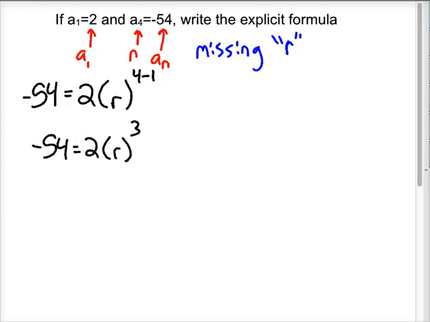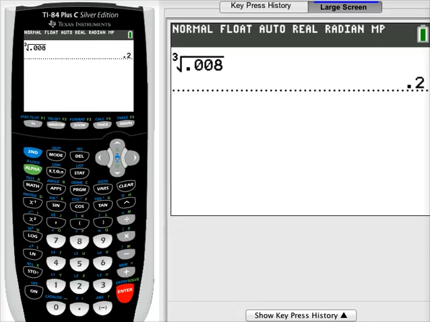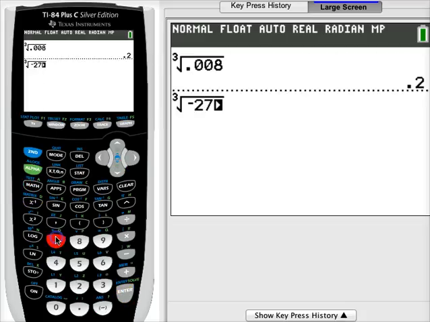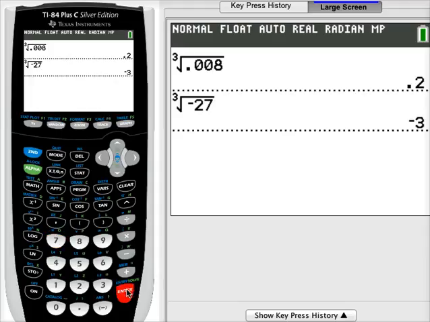So negative 54 divided by 2 is negative 27. And now to undo a cube, I need to cube root. So I need to cube root that 27. So I'm going to go back into math. Cube root negative 27. That's going to give me negative 3.